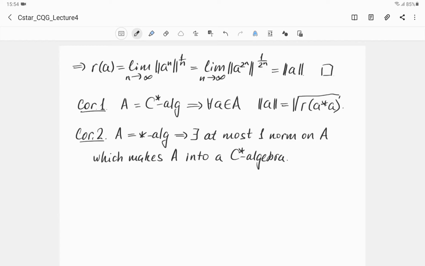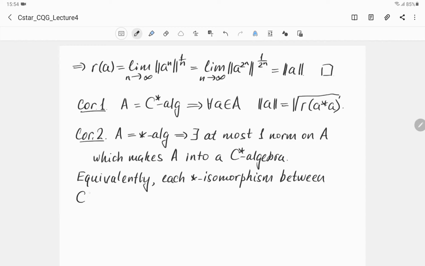Okay, so equivalently, corollary 2 means that each star isomorphism between C-star algebras is isometric.